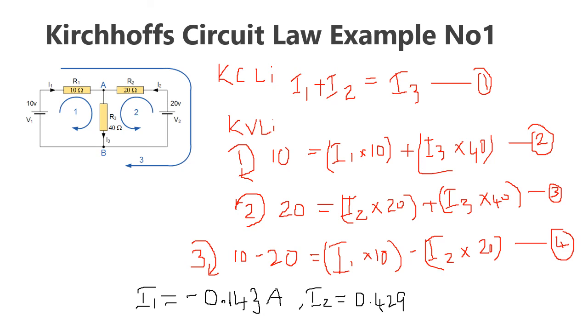Then I3 will be the addition of I1 and I2, so that will be equal to 0.286 ampere.